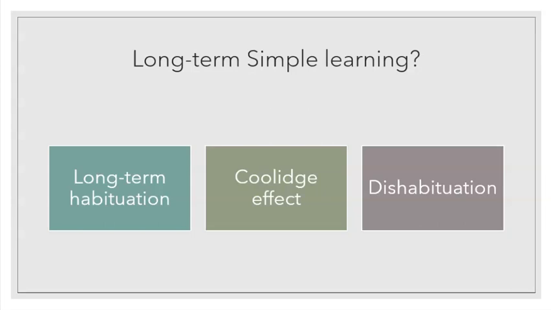It turns out that there is such a thing as long-term habituation. So with this, the response will slowly decrease as a result of repeated stimulation. The ability to respond will then slowly recover in the absence of stimulation.